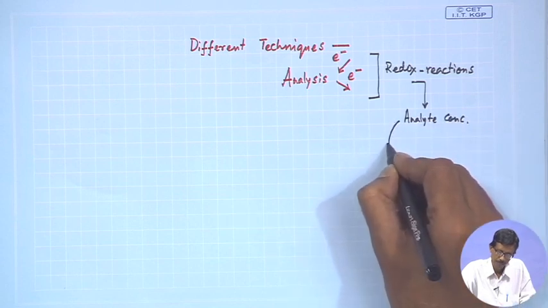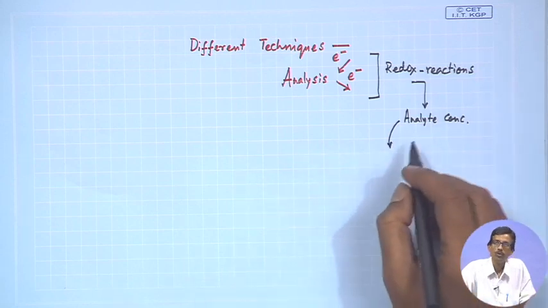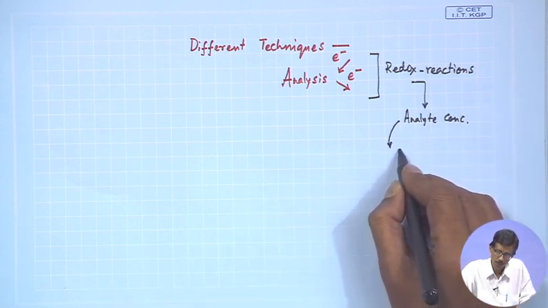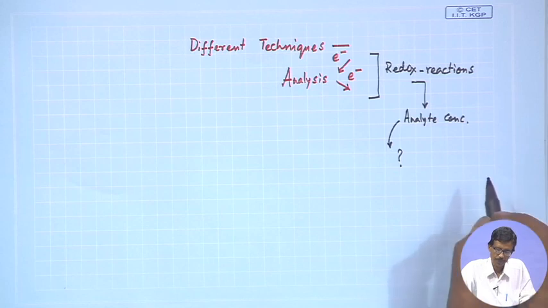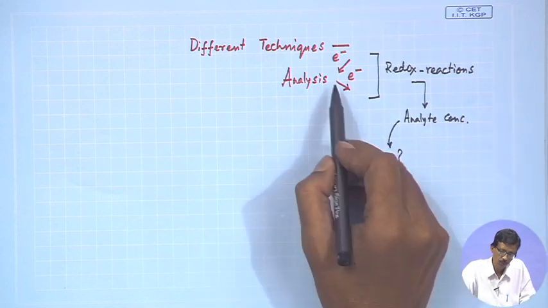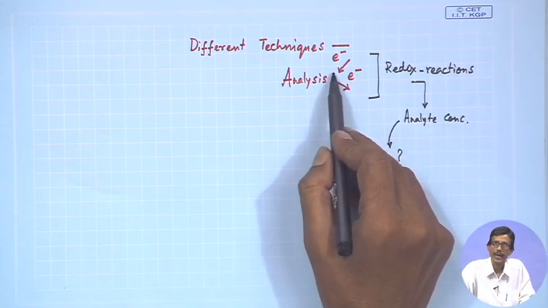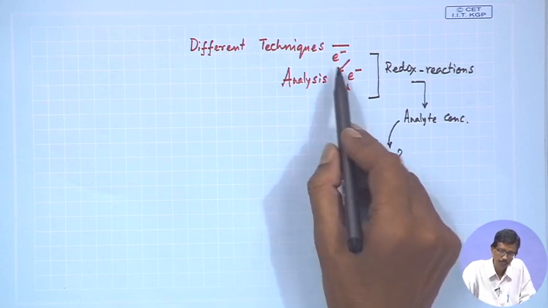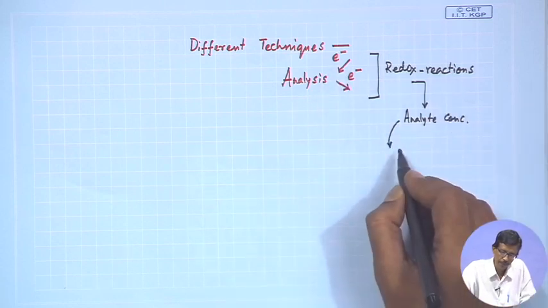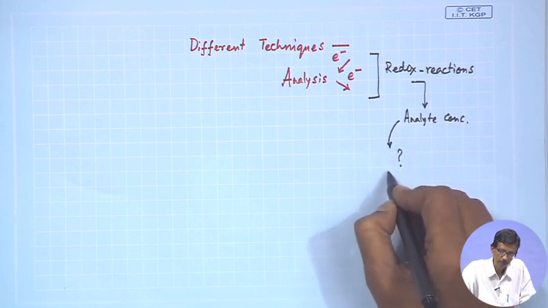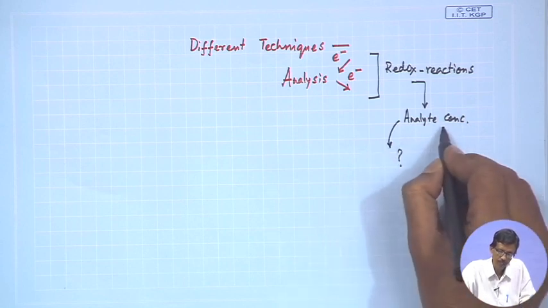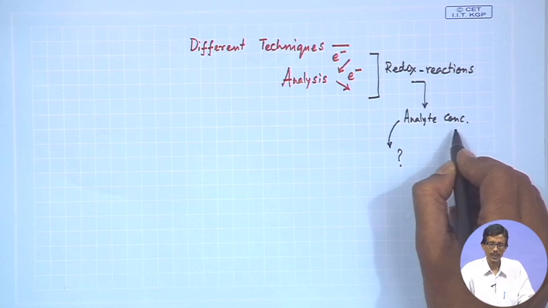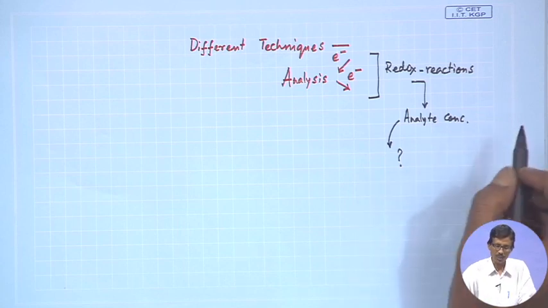That means it can be any solution which has something which we want to determine. And if it goes for, say, electron loss or electron gain in terms of its corresponding oxidation and reduction, we will find that the number of electrons transferred will also be directly proportional to the analyte concentration present in the solution.